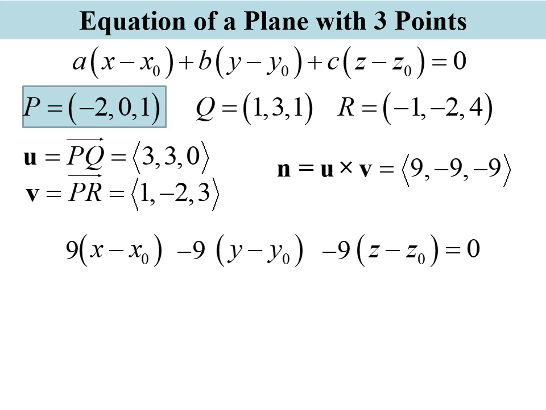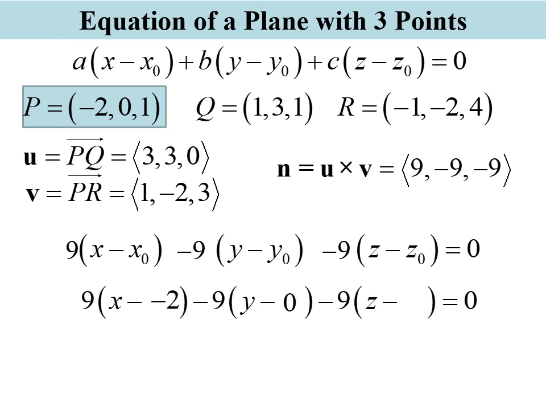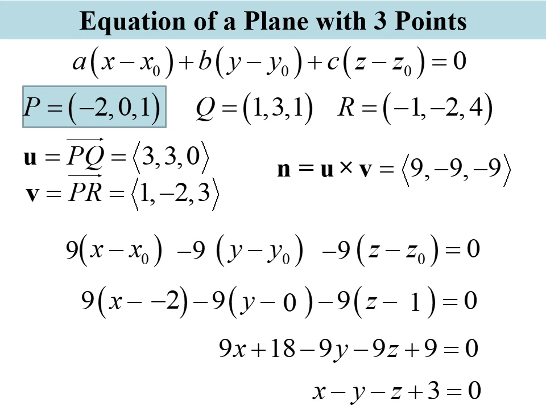Starting with point P, we can write this like this. And then we can simplify and reduce that down to standard form. Now, if you used, instead of the P, the point Q or the point R, you should still come out with the same equation at the end.